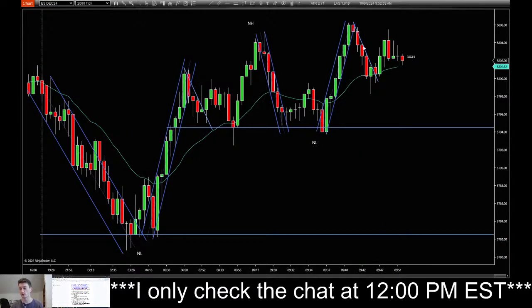Here, we're looking for the break of a new high of this uptrend. You have one leg back, you break higher. Now we're coming off the EMA, and we're getting a possible second entry long. So I would definitely consider this second entry long.